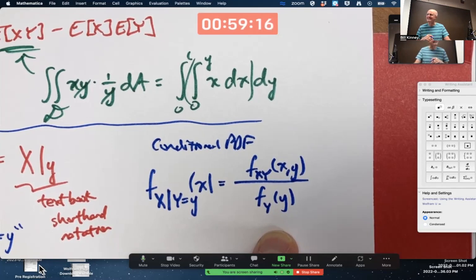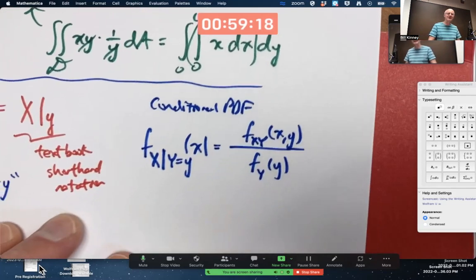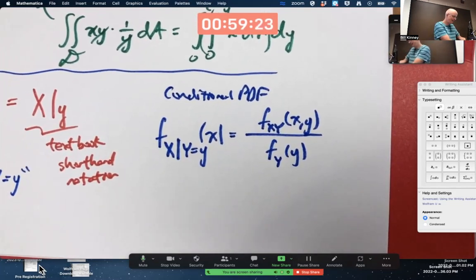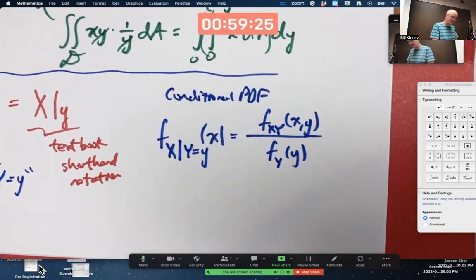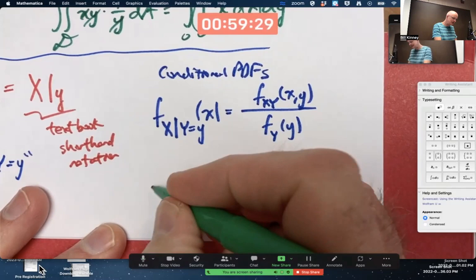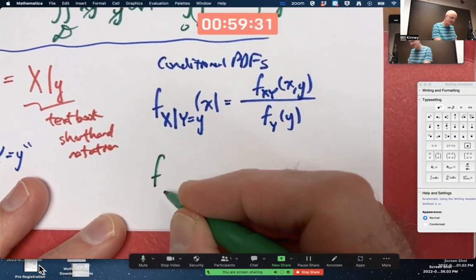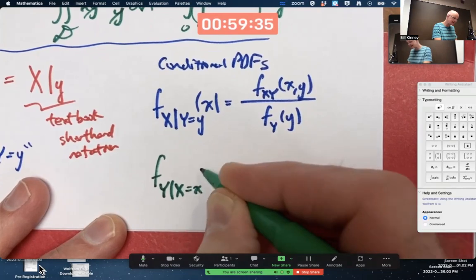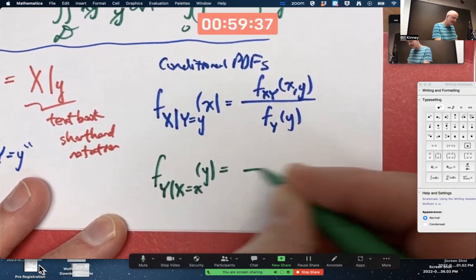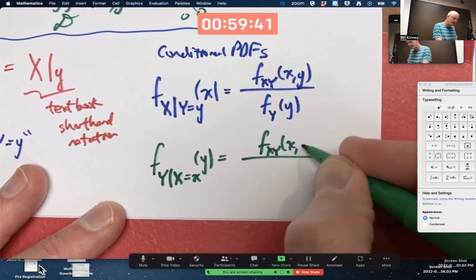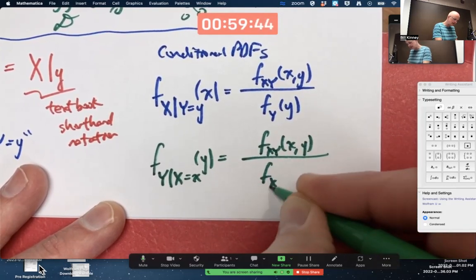Likewise, there's a conditional PDF the other way around: the conditional PDF of y given capital X equals little x, which is a function of little y. The numerator will still be the joint PDF. It's the denominator that changes.